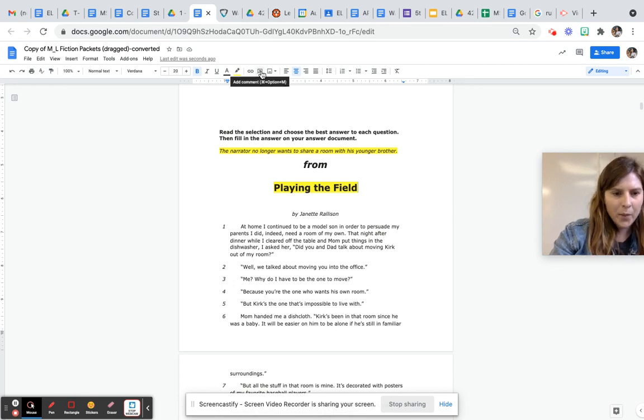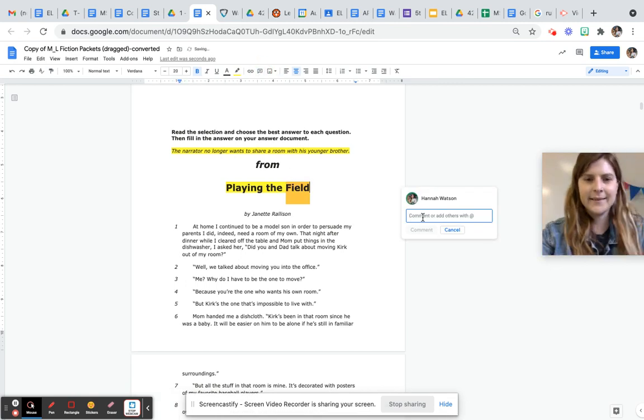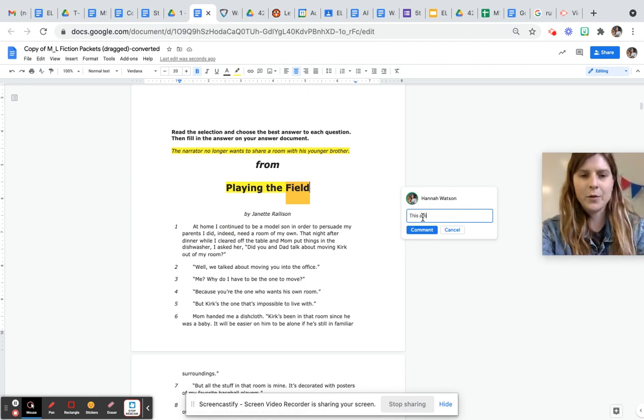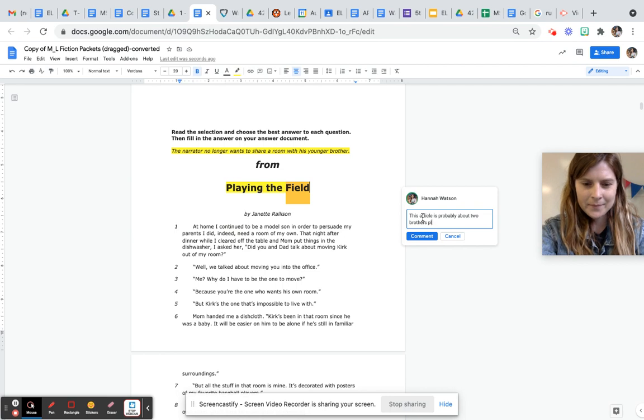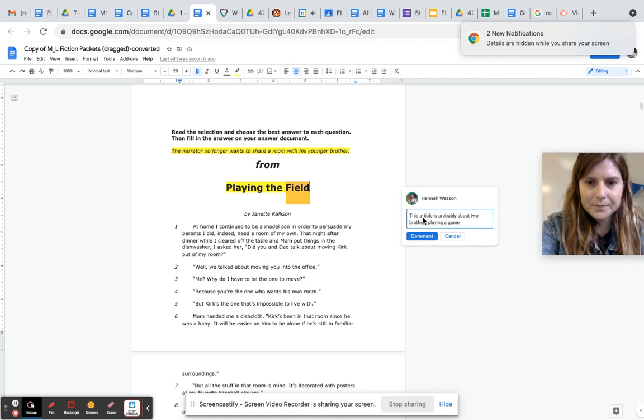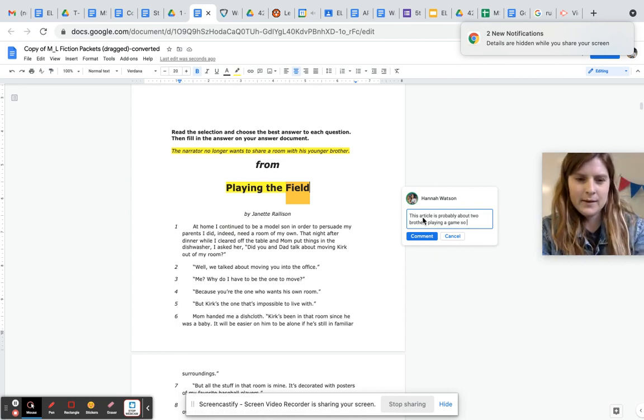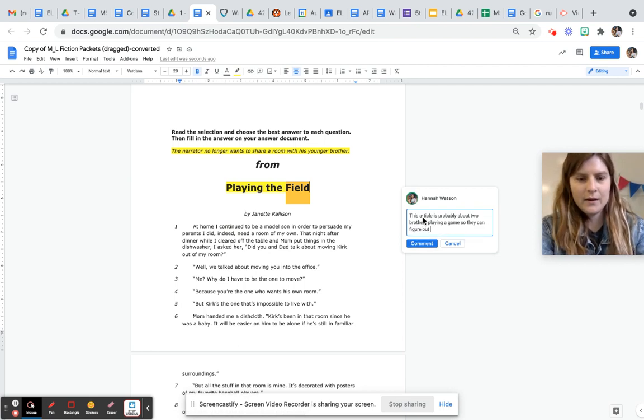Okay, so I'm going to insert comment and say, this article is probably about two brothers playing a game so they can figure out their room situation, because this is Playing the Field.